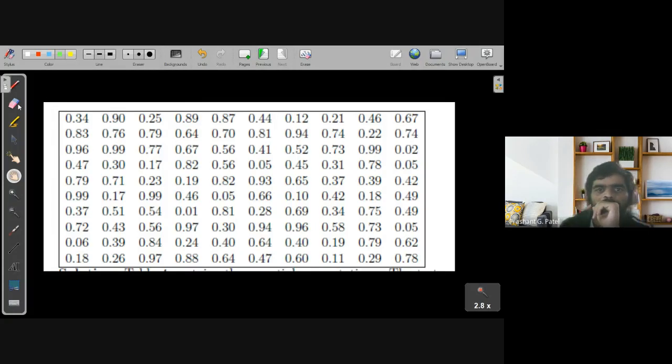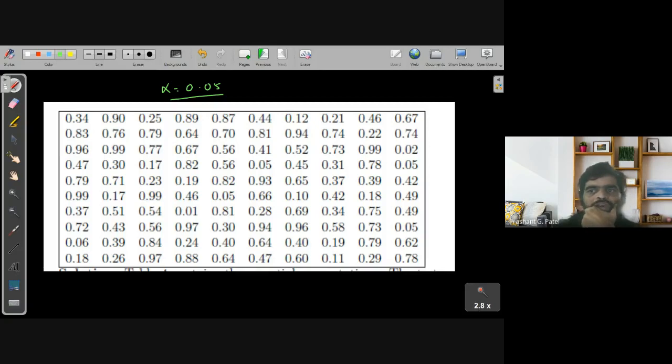Alpha is given as 0.05, that is the critical value, and we have to look in the table for the chi-square test. We have to check whether these 100 random numbers are uniformly distributed or not.